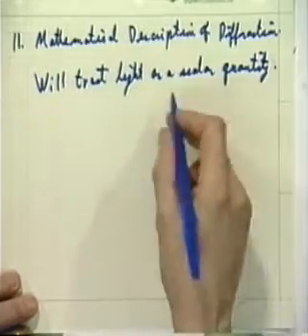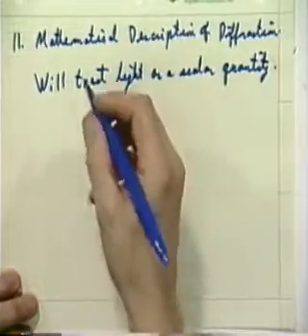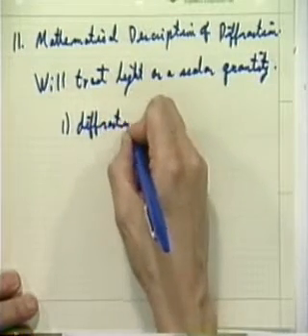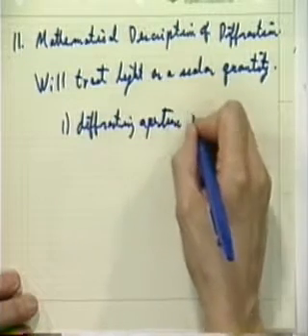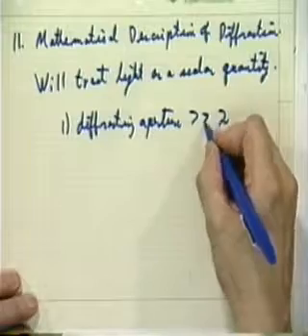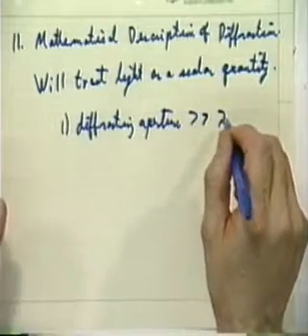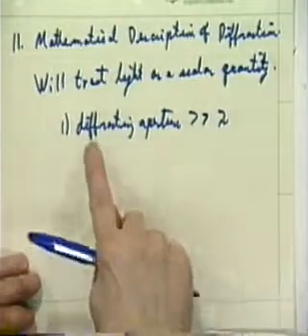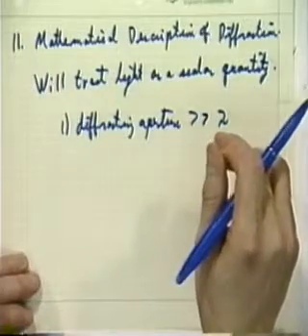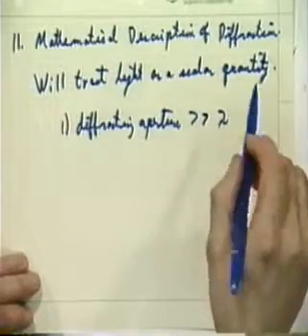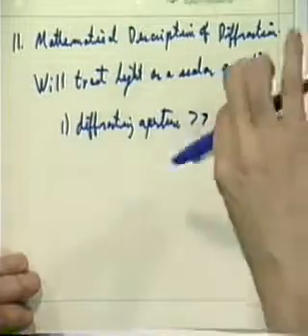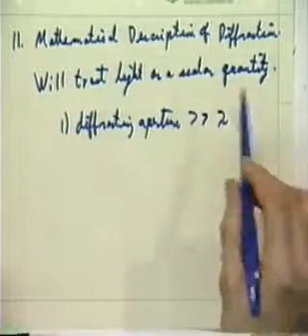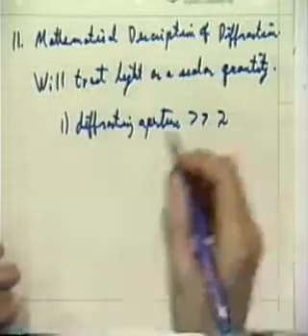To get away with treating light as a scalar quantity, we're going to require that the diffracting aperture is, say, a few times greater than the wavelength. When you go to some diffraction gratings or holography, sometimes you don't satisfy that condition. But still the results are very close to what you would get with the vector analysis. The orders are in the right location. Maybe the intensities are a little off from what they would be if you went through the vector analysis. But it worked amazingly well.